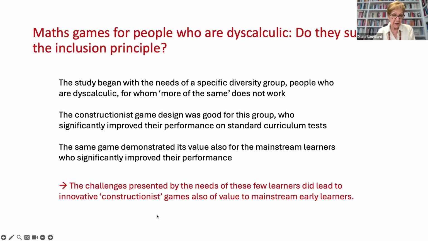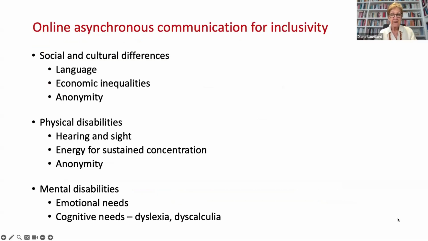And that new type of game, showing its value for all of these groups, is important for helping people in companies who are creating these games for schools to understand they should know more about the way students learn and what really helps them.